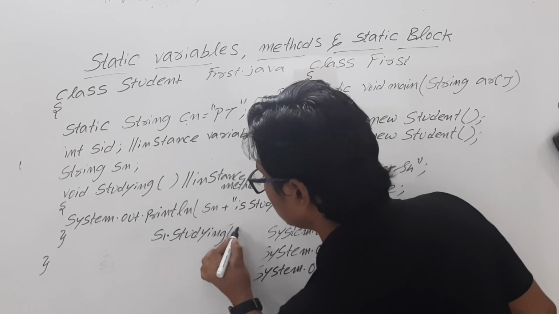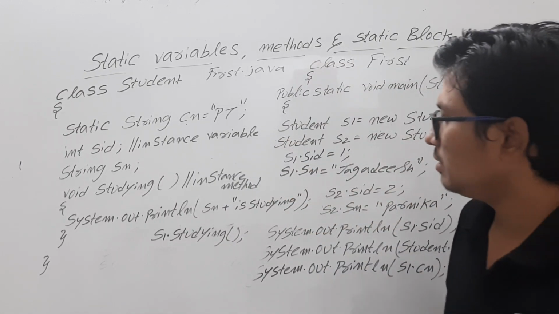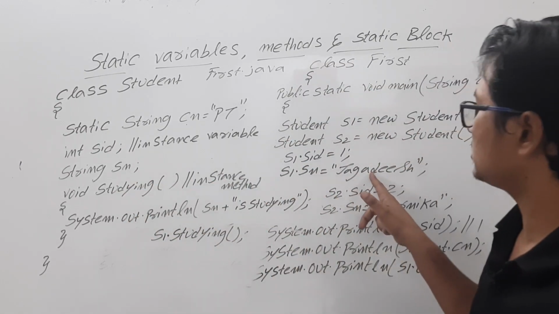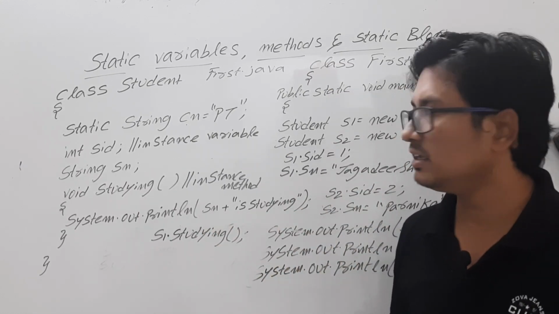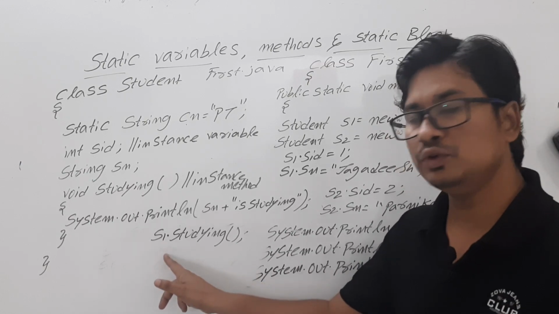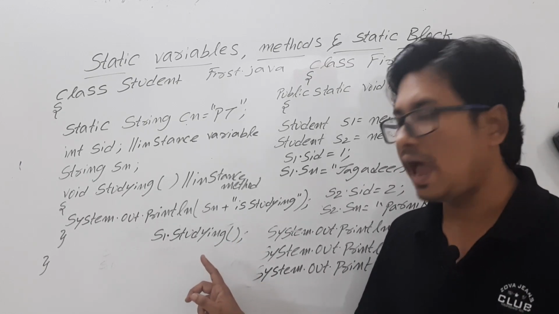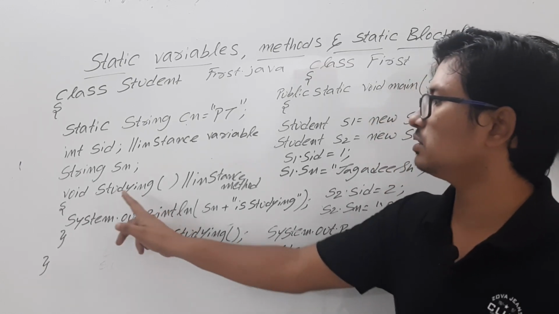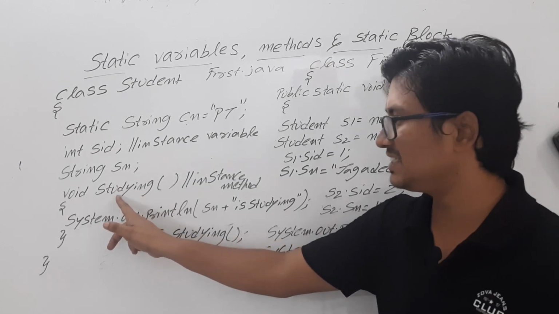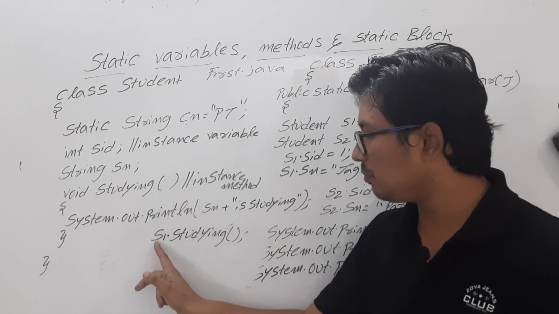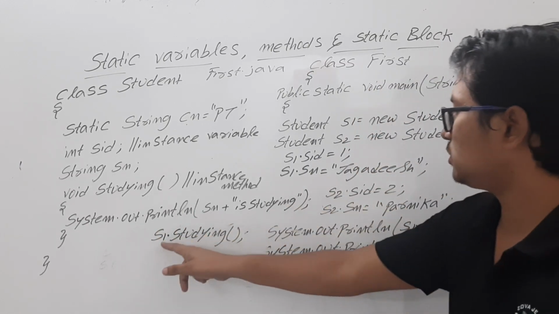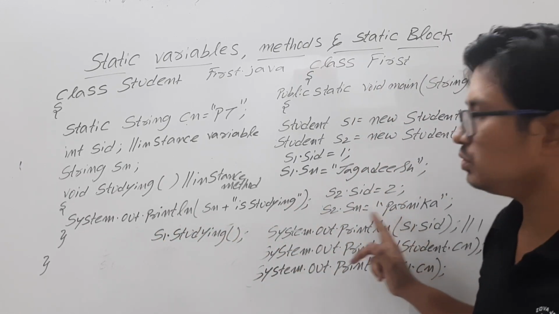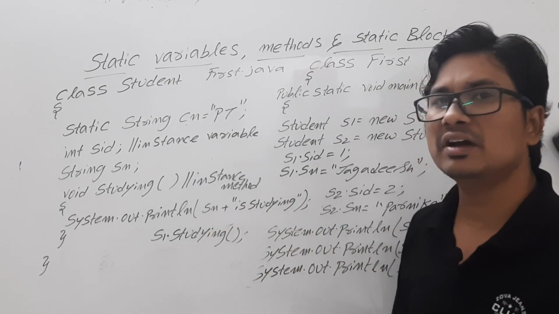Then you know what it will display, because the student name of s1 is Jagadish, it will display the output as Jagadish is studying. If you write s2.studying, meaning you are calling the studying method with the help of an object called s2, then you will get the output as Parnika is studying, since s2.sn is Parnika.